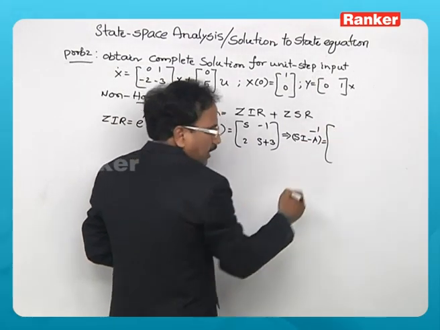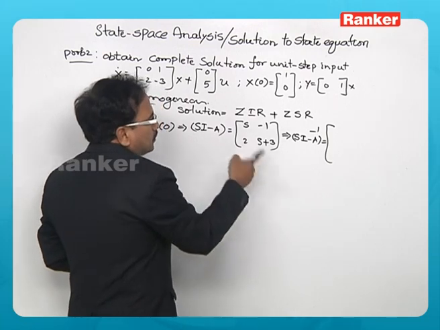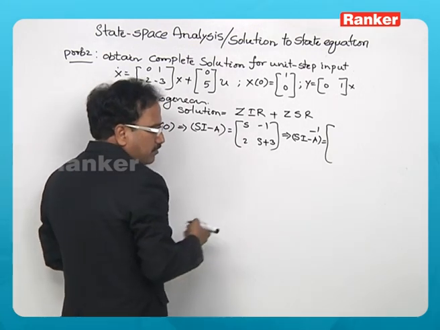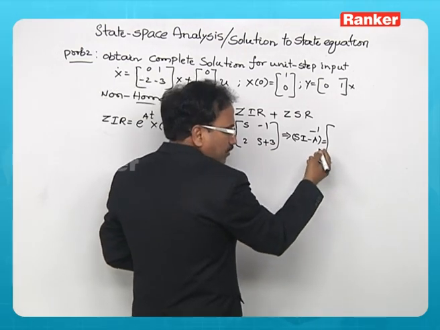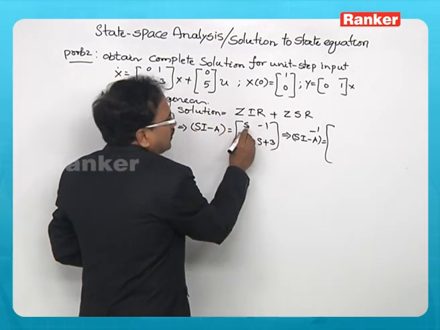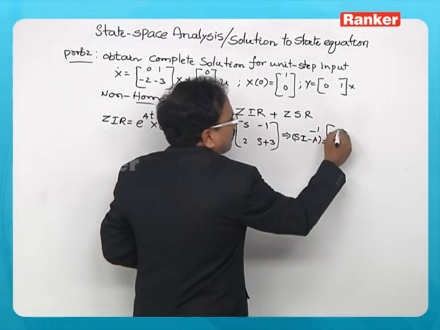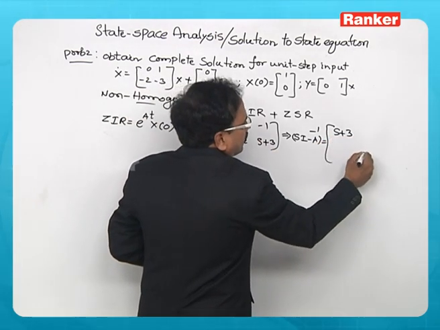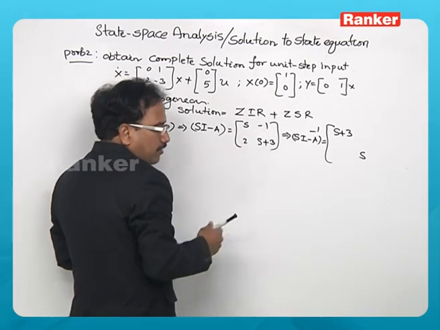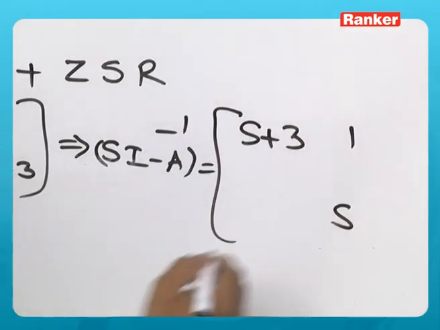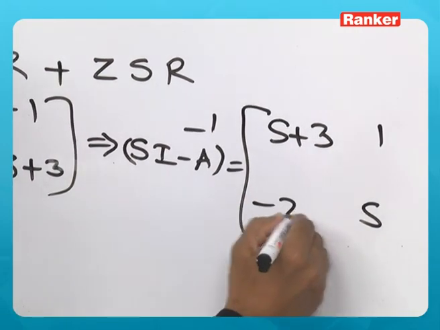This is 2 by 2, so it is easy to get sI minus A inverse. You have to have the adjoint of sI minus A first, that is by interchanging the diagonal elements, s plus 3 and s, and changing the sign of the off-diagonal part, minus 1 becomes plus 1 and 2 becomes minus 2.